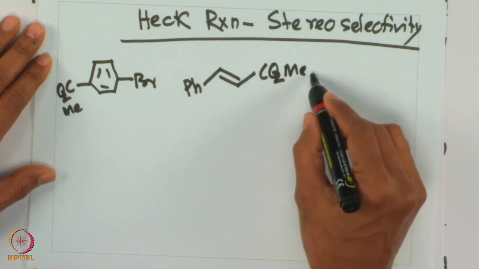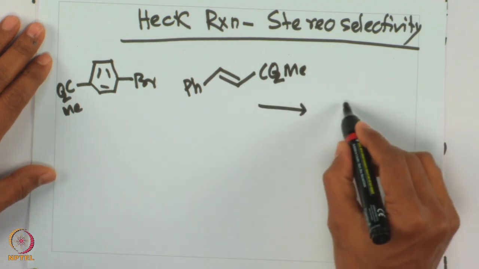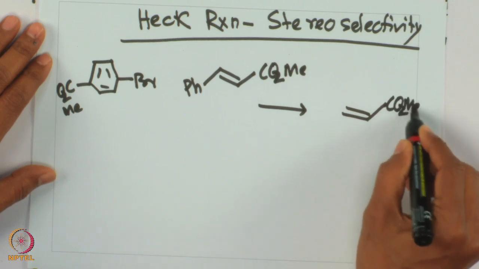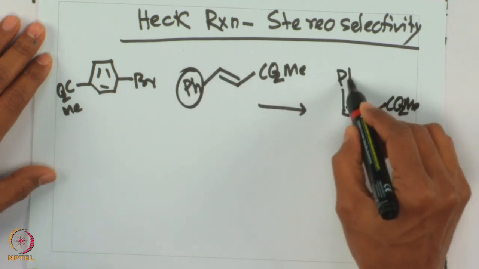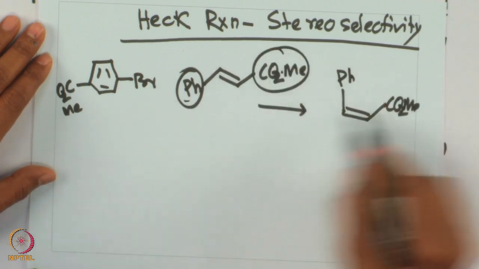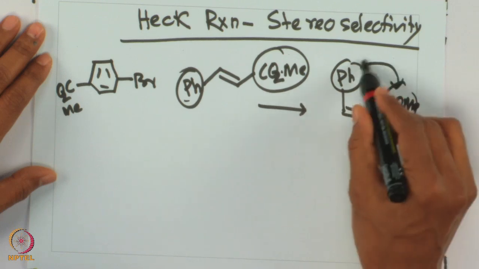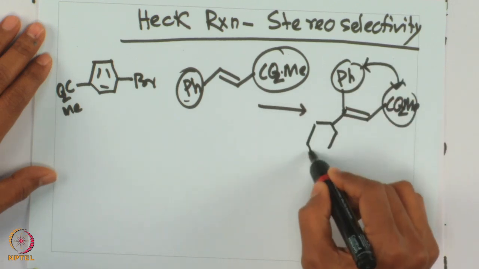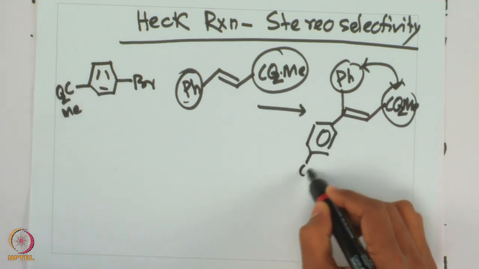Now, what would be the product from this reaction? I think by now you should be able to predict it. CO2Me on this side, the phenyl substituent will be on the same side. Phenyl and CO2Me were opposite to each other, now they should be on the same side, and then your aryl group should come into the picture for this sort of reaction.